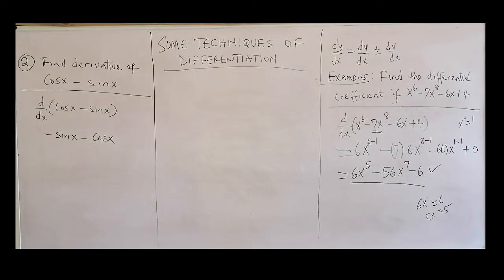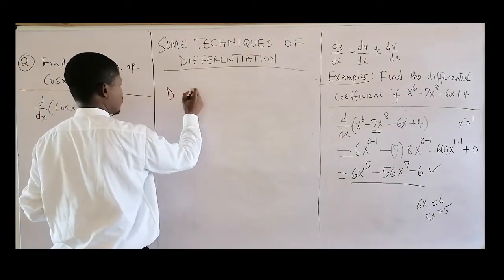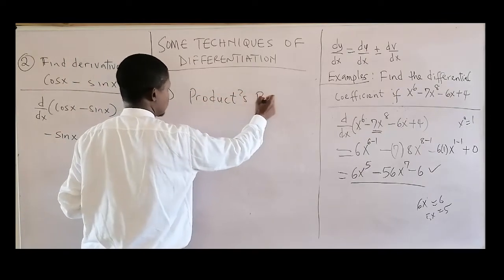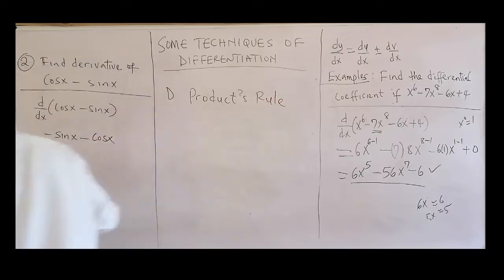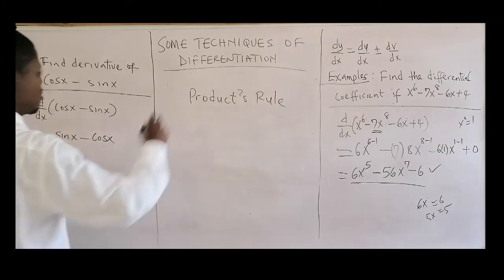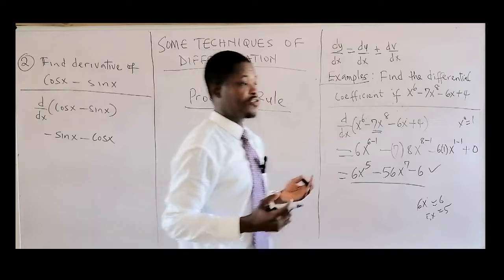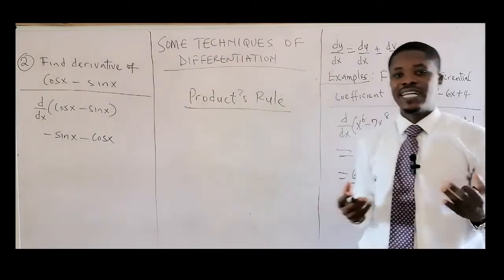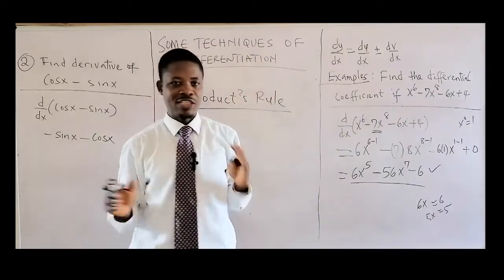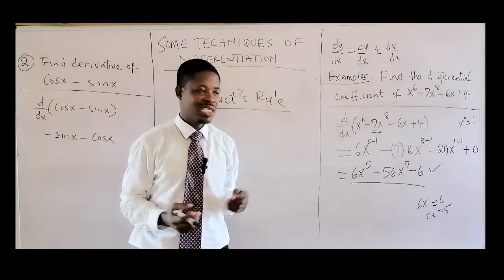When do we use the product rule? The product rule is applicable when you have two items multiplied together.